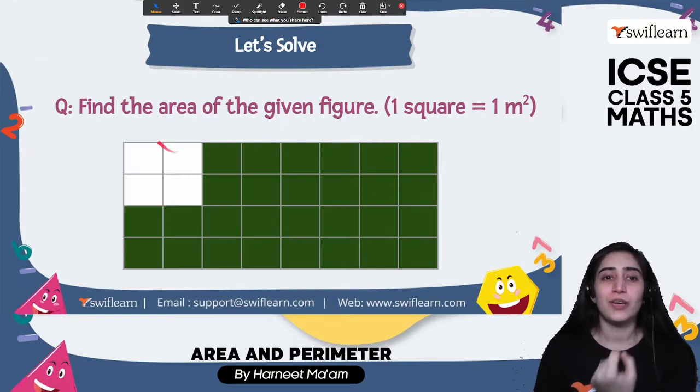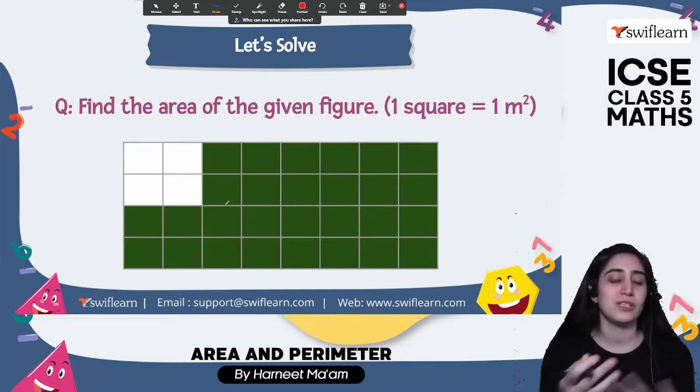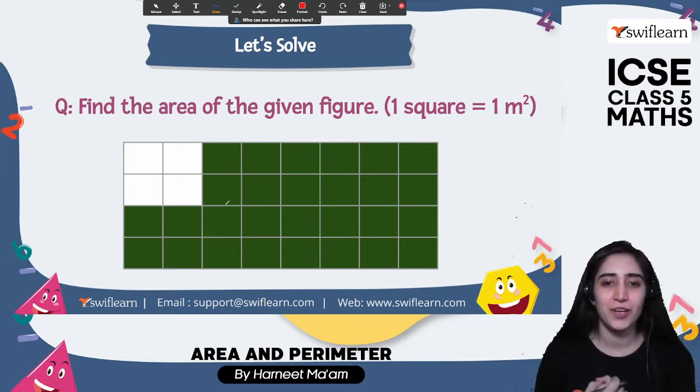All right. So can you find the area of the given figure? What do you think is the area of the given figures? If I talk about this green one, what is the area? Everyone, what's the area of the green one?